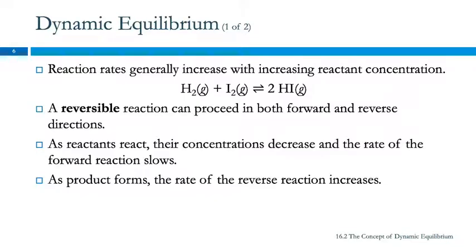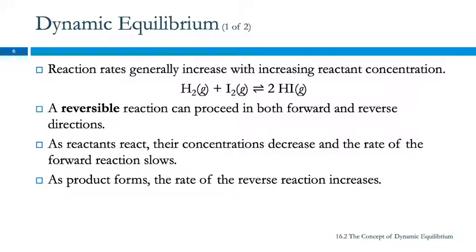Okay, so we have learned that reaction rates generally increase when the reactant concentration increases, right? In a reversible reaction, the reaction can proceed in the forward direction and in the reverse direction. So if we start out with just reactants, the reactant concentrations are high, the rate of the forward reaction will be fast.